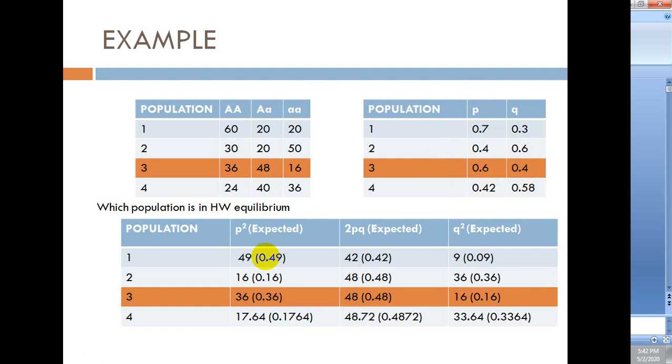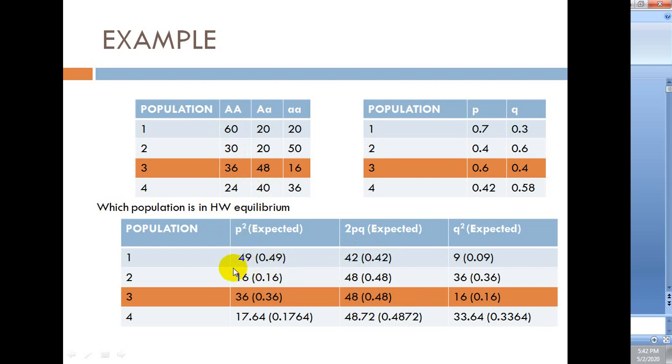Here, let us take that all the populations are in HW equilibrium. If all the populations are in HW equilibrium, then what will happen? The allelic frequency, the observed genotype frequency and the expected genotype frequency will be the same. So in the case of population 1, the p square is 0.49.